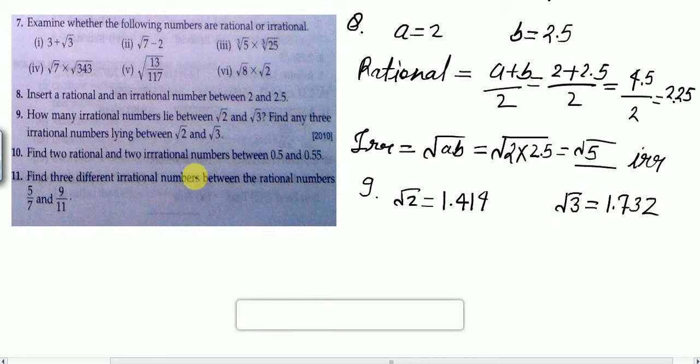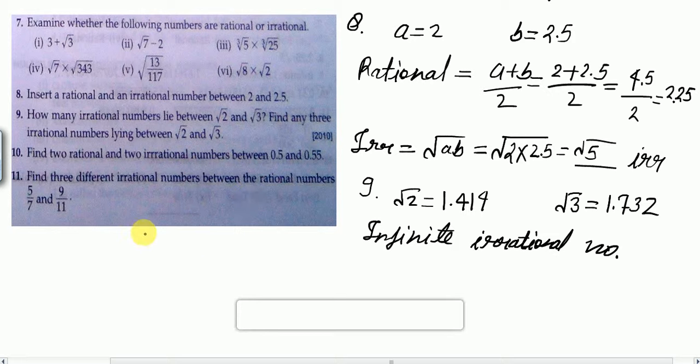How many irrational numbers lie between them? The answer is infinite. We can find infinite irrational numbers. Now find any three irrational numbers lying between under root 2 and under root 3.